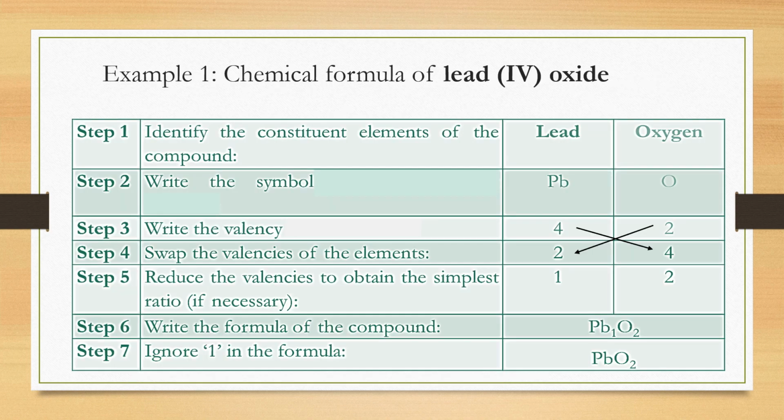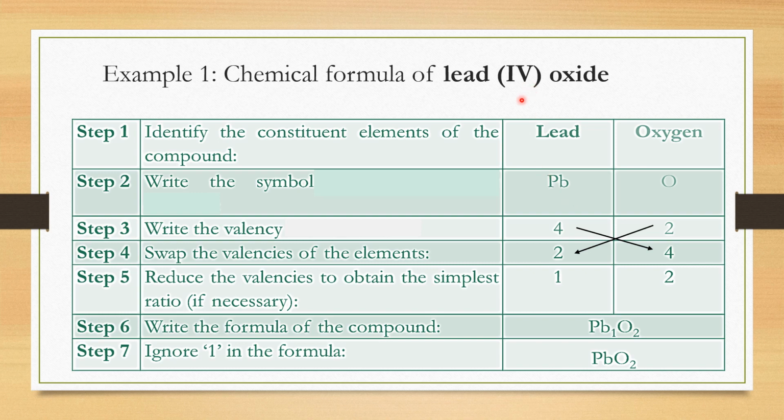Let us consider the compound lead-4-oxide. The elements present are lead and oxygen, having symbol Pb and O respectively. Remember, lead exhibits 2 valencies which are 2 or 4.